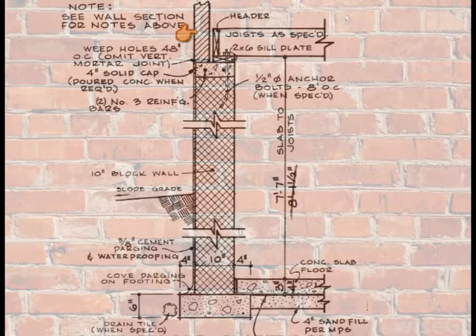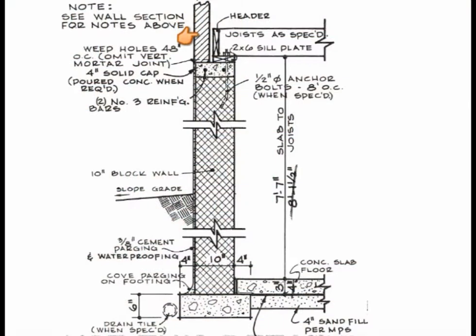So this wall that we need to create is going to comprise of these particular elements: the 10-inch block wall with the waterproofing, which is here. This is the waterproofing, a 4-inch cap block on top.